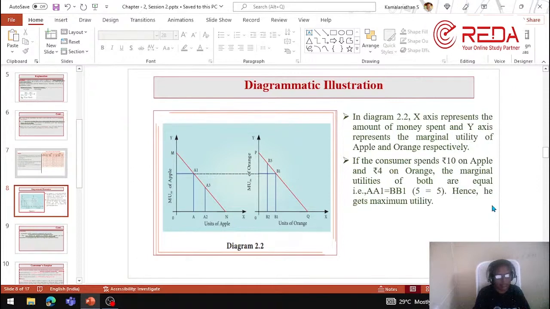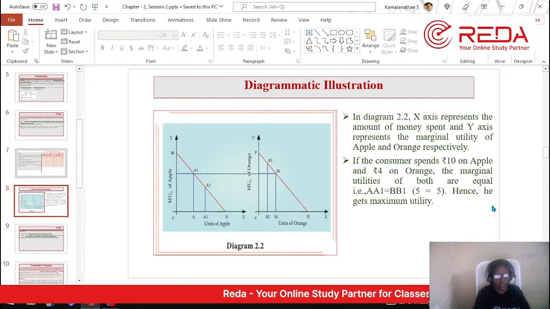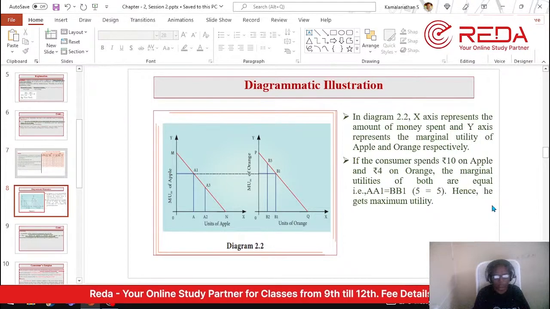At the same time, when you come to the second commodity, the consumption of the units of oranges, you will get lines B1, B2, B3, and when you join them you will get a curve PQ.